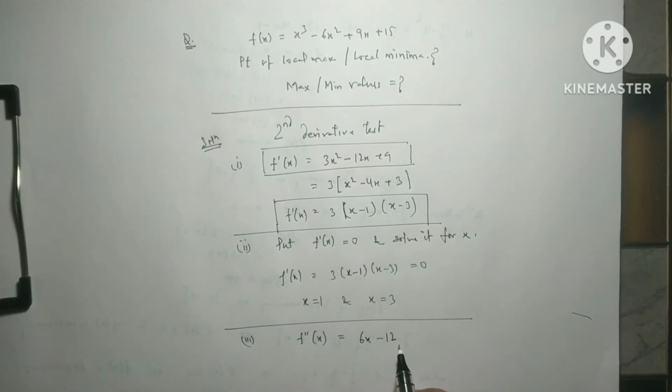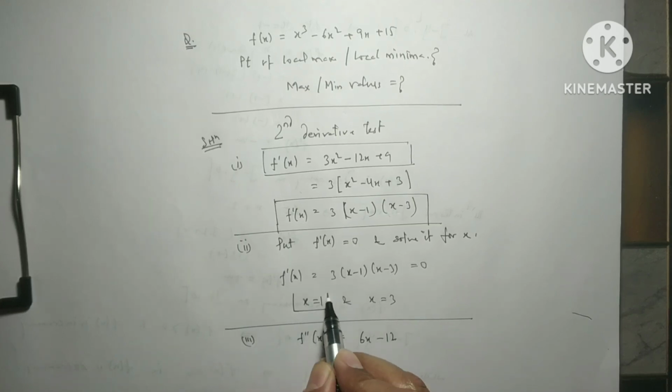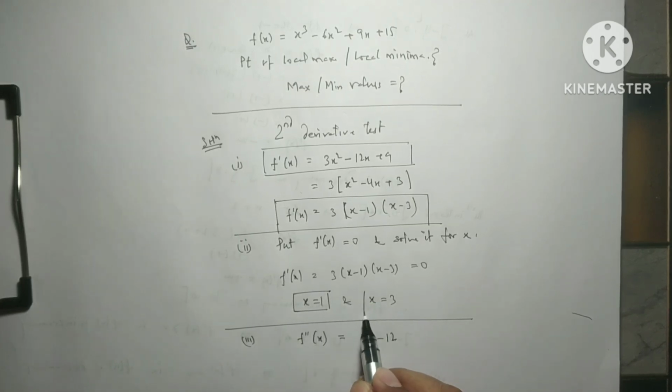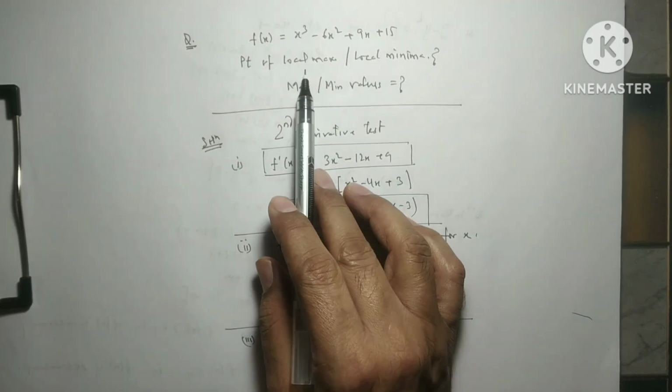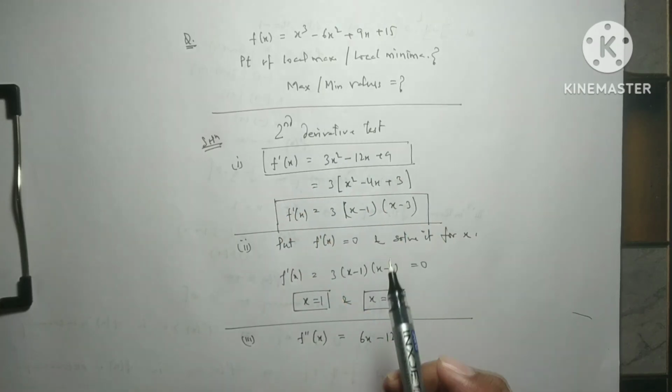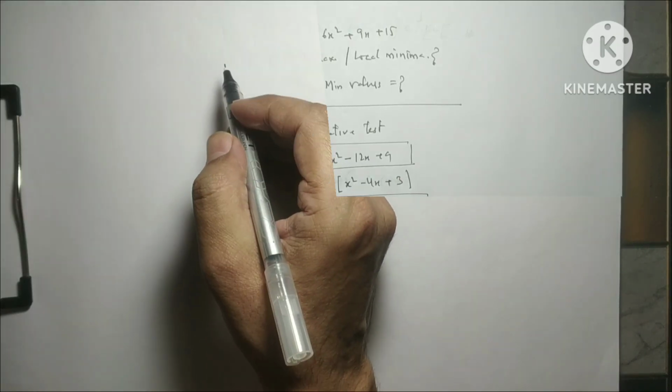So it is our second derivative. Now we have these two values, x equals 1 and x equals 3. So we will try to obtain maxima and minima and maximum and minimum values on these points.